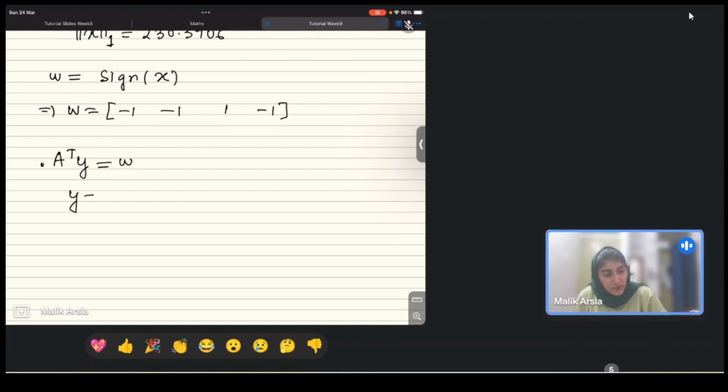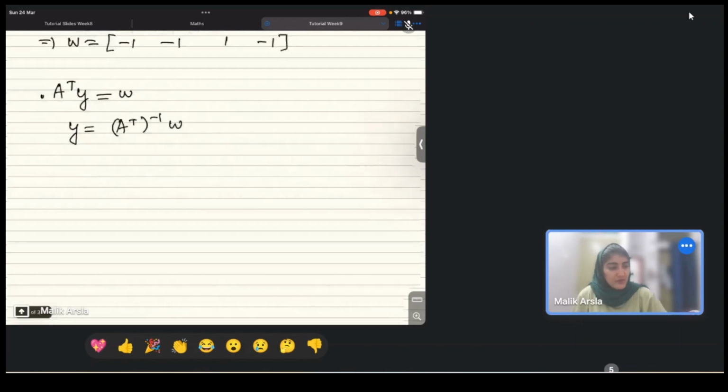Now, the second step is that we calculate A transpose y is equal to w, so y is equal to A transpose inverse into w. This is also simple to calculate. We have to take the A transpose, then its inverse, and multiply it with w. I will quickly tell what it is coming out to be; you can cross verify.